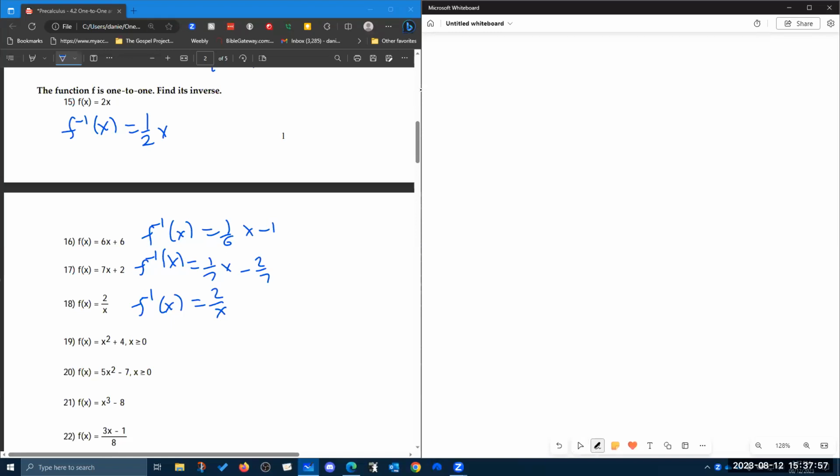Now we've got a restricted quadratic, so that's only the right-hand side of the parabola. That is one-to-one. It's over here, like so.